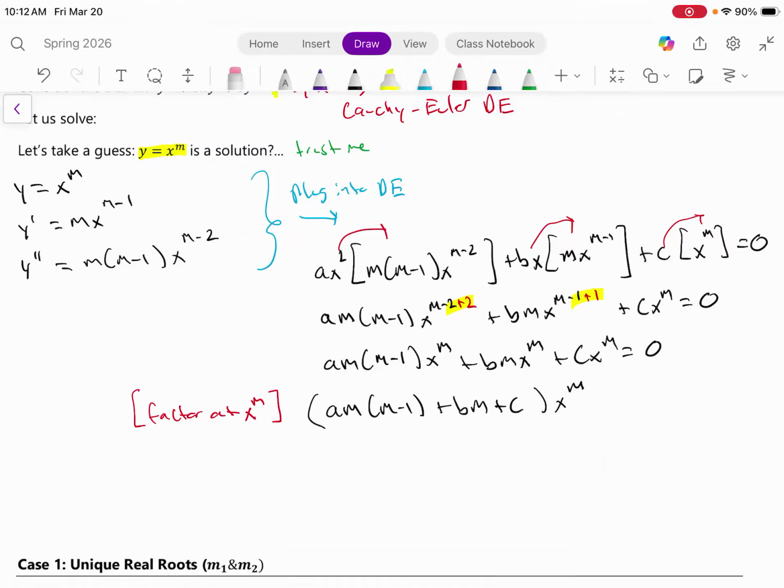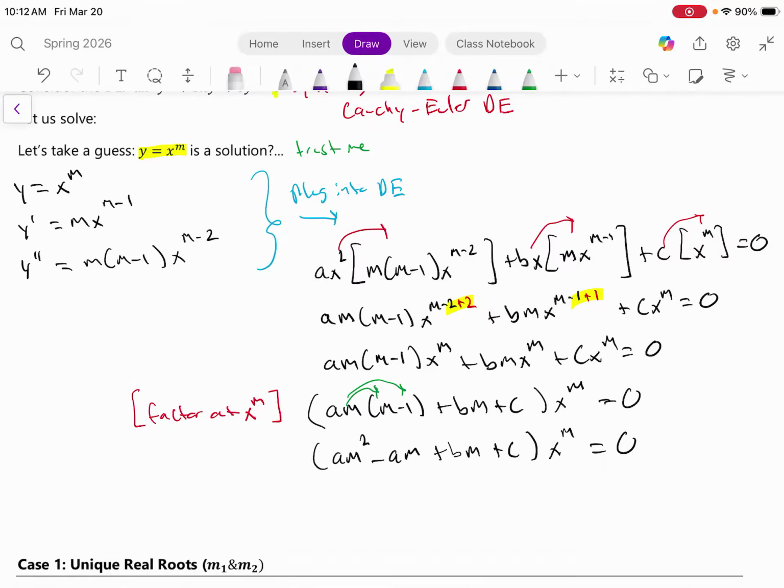All right, and this all equals 0. And what can I do? Let's go ahead and distribute in this am into m minus 1. And so what I'm left with is am squared minus am plus bm plus c, all times x to the m equals 0.